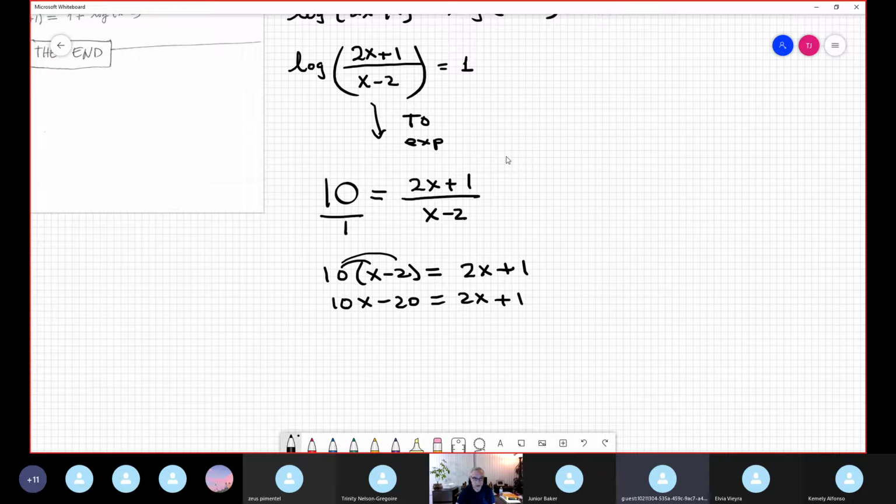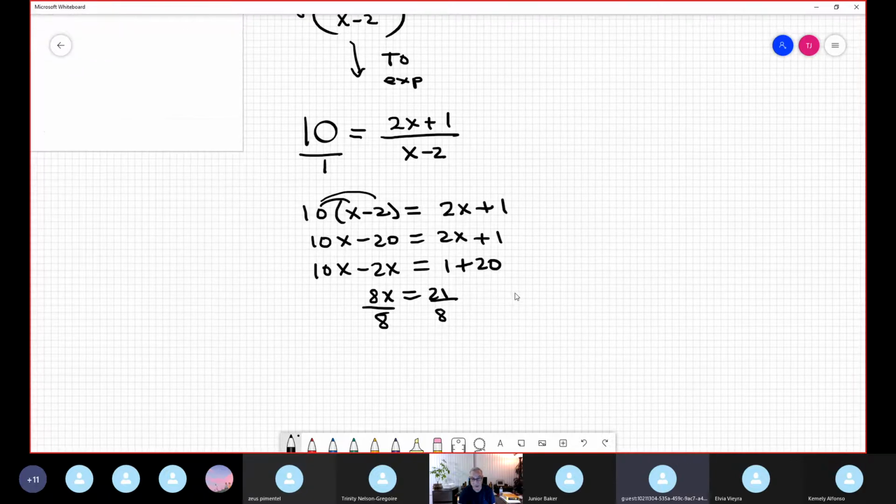Okay, so 10x stays here minus 2x, equal to 1 plus 20. This is 8x equal to 21, divided by 8 on both sides. The answer is weird, but it's the answer. It's correct. Well, it's correct? No, I need to check it. It's x equal to 21 over 8. This is my potential solution.